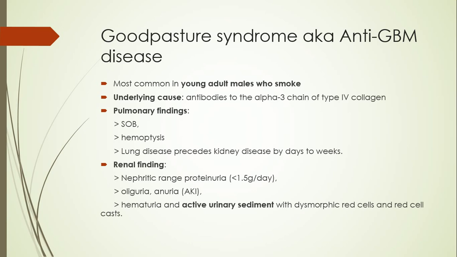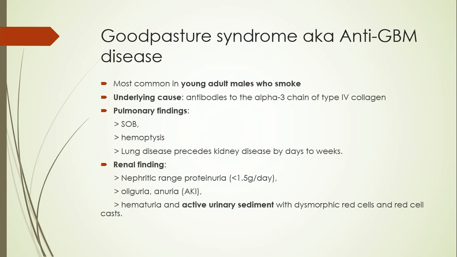This is also true for our case that we have already presented, as the patient had cough and shortness of breath, hemoptysis for 2 weeks, followed by renal involvement for the last 2 days. So the lung involvement is before and the renal involvement is after.